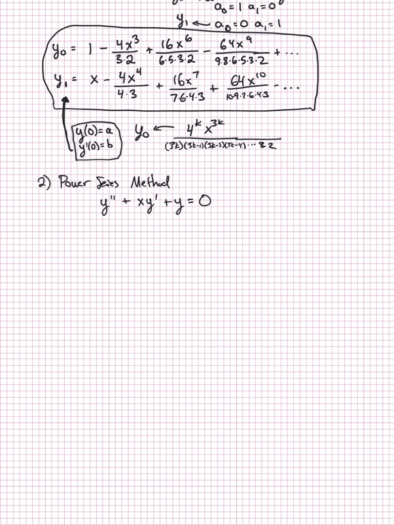So if I take the second derivative of this, the 3 and 2 will cancel here. So I'll just end up with 4x times 1, which is coming from the coefficient there.